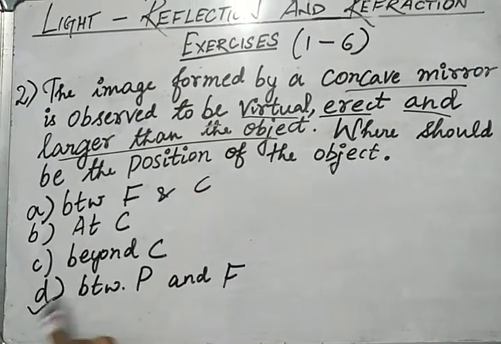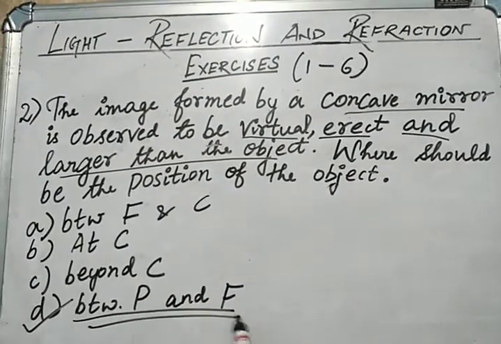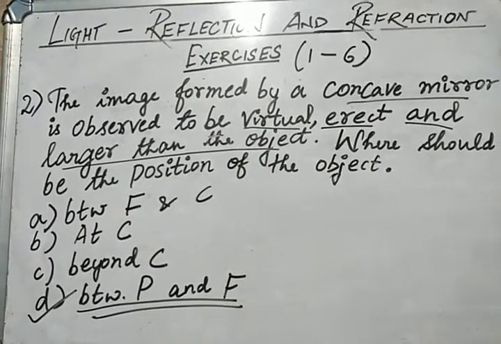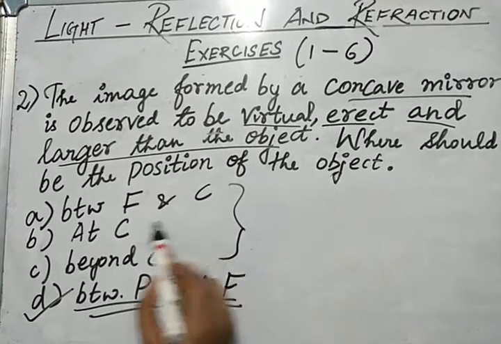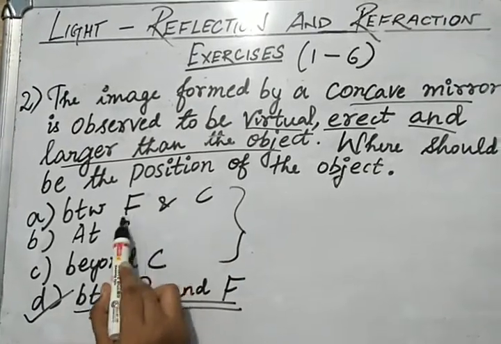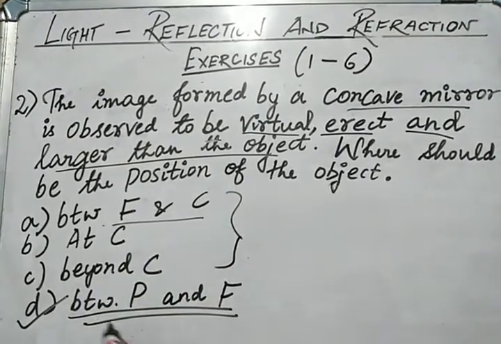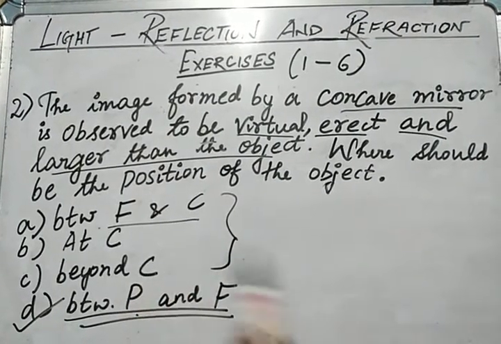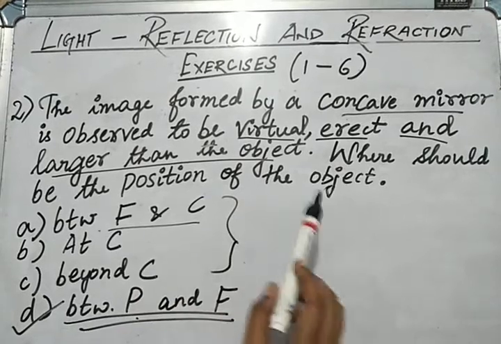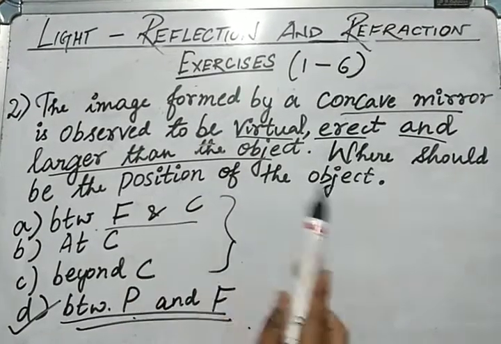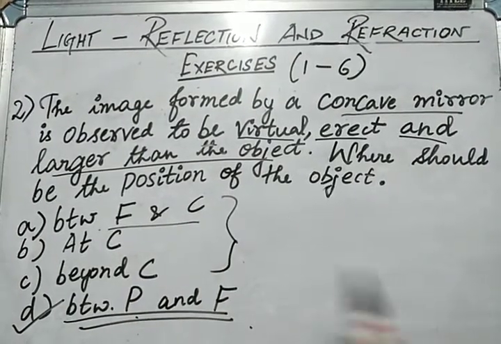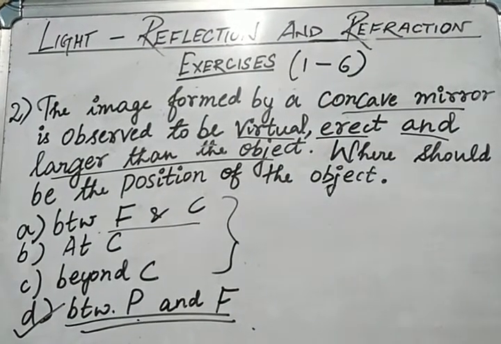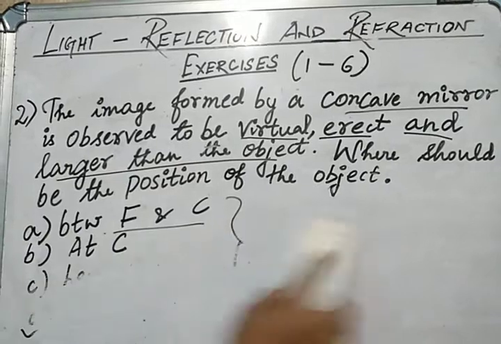So the answer is D, between pole and principal focus. These options are just to confuse you. You might get confused between F and C, or between P and F, at C or beyond C. But if you're thorough with the ray diagrams, then you can blindly tick this D option. You don't have to look at the options at all.